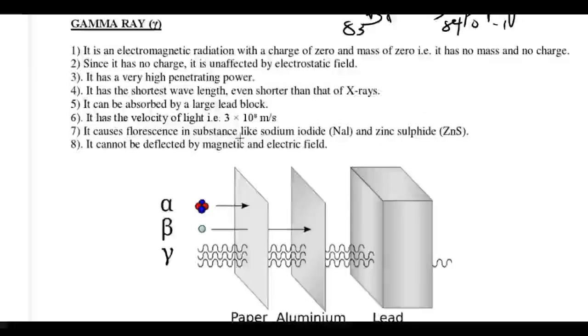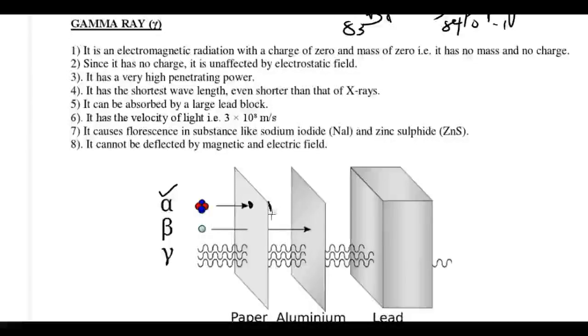So gamma ray travels by the speed of light. It causes fluorescence in substances like sodium iodide and zinc sulfide, and it cannot be deflected by magnetic or electric field. So in the case of gamma ray, what you are going to notice is that it has a very high penetrating power. Look at this diagram here. If this is alpha particle, once alpha gets here, it cannot survive.